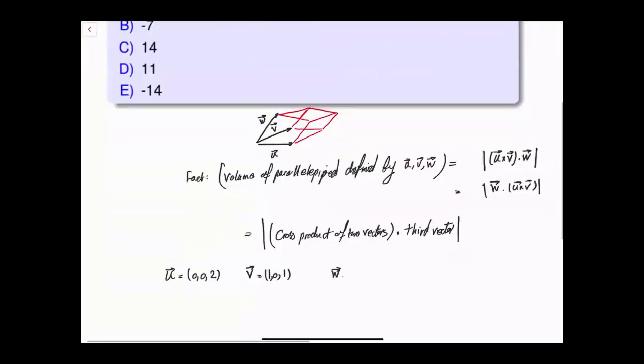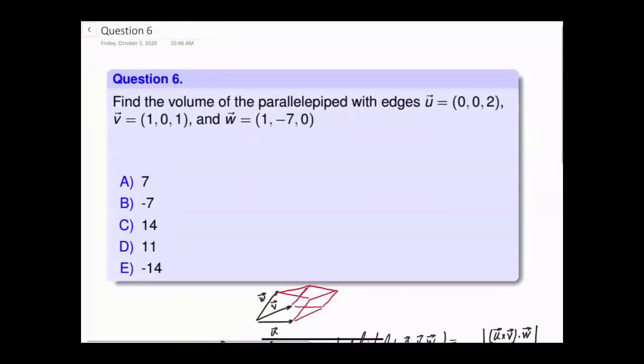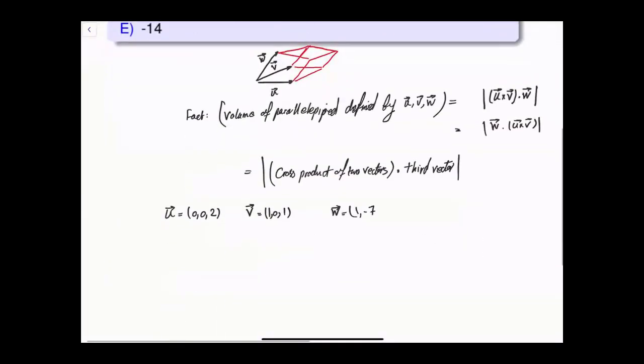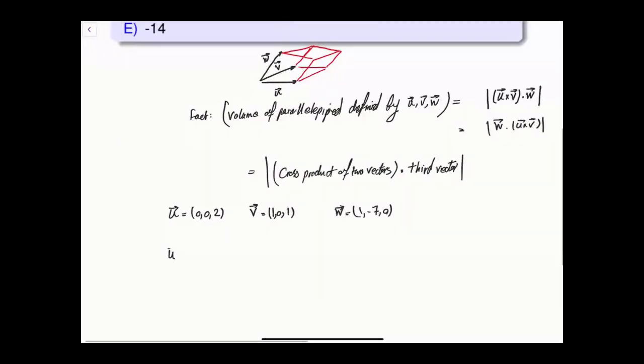And vector W is 1, negative 7, and 0. So we have to start with the cross product of two of these vectors. Again, it doesn't matter which two you choose. I will go with the formula that you have there. So we are cross producting 0, 0, 2 and 1, 0, 1.